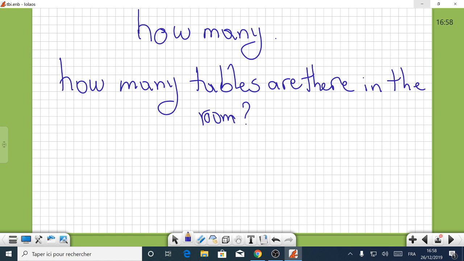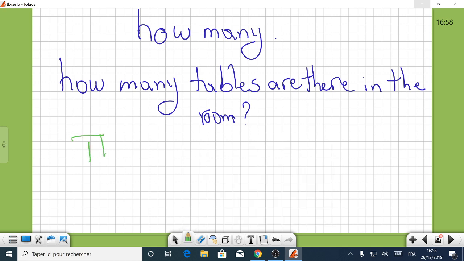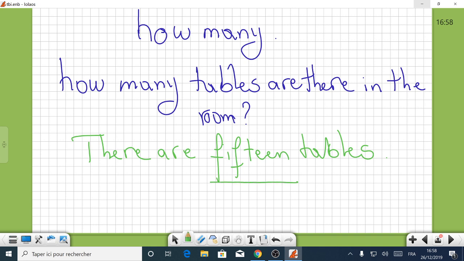And the answer is there are 15 tables. So what is the answer here? The answer is 15. So what is 15? 15 is a number.